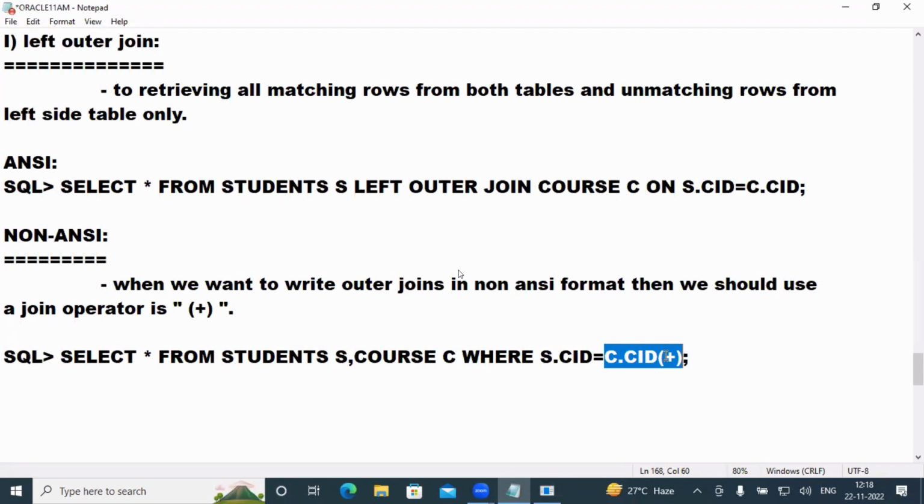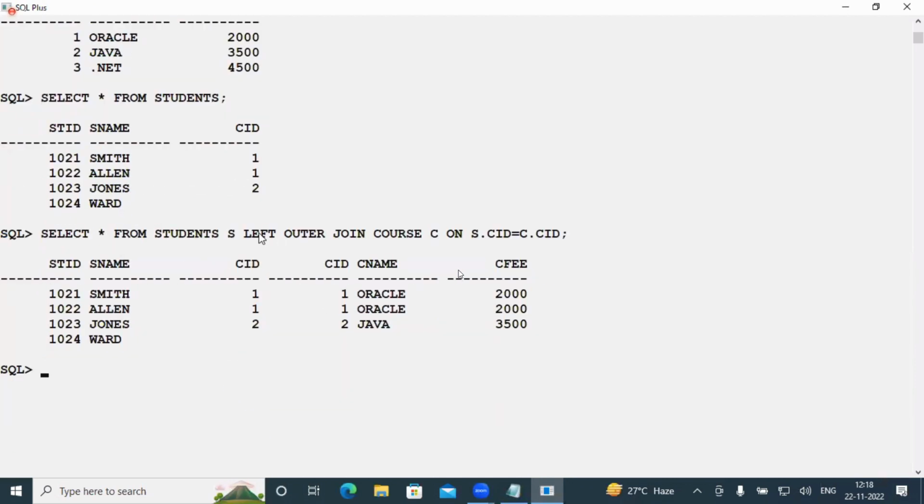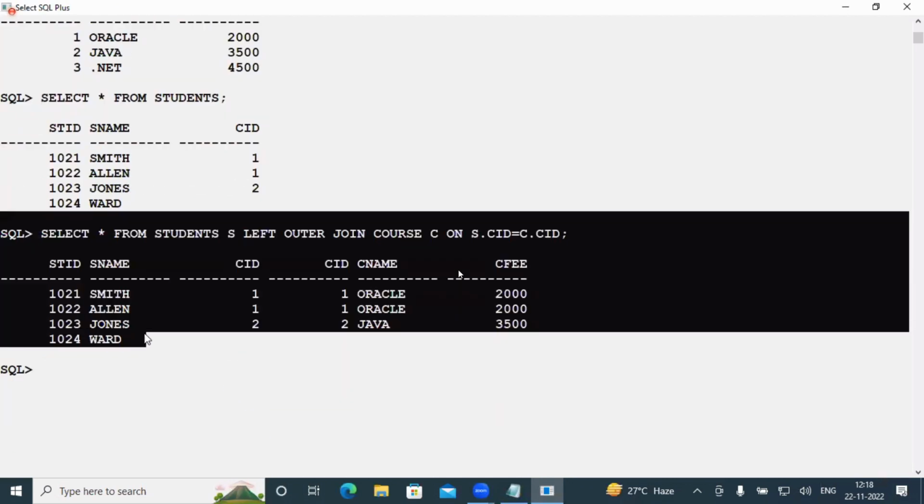Because if I'm using the join operator on a table, from that table it will retrieve only matching rows. I applied my plus operator on the course table, so from the course table matching rows only come. Unmatching rows will never come. So my left outer join is implemented, or not? See, this is actually the left outer join ANSI format output.